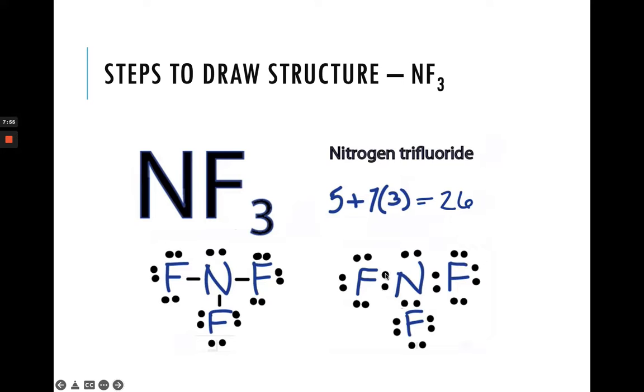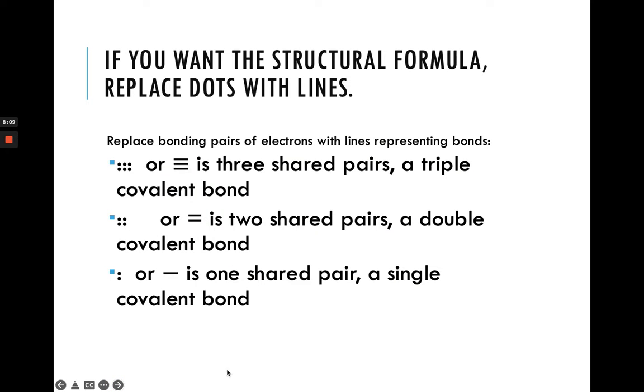Now we can replace these 2 shared electrons with a line, but we do have to maintain the unshared pairs in order to show that octet. Just remember that line means 2 shared electrons. So if you want the structural formula as opposed to the dot diagram, you replace dots with lines.